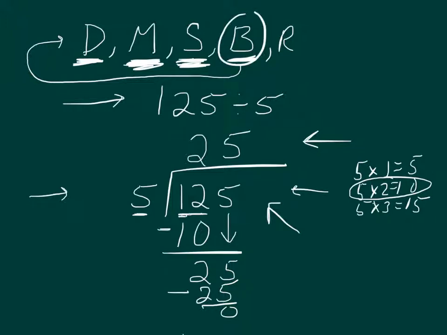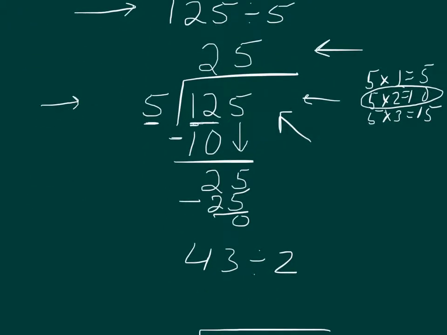That means I'm done, and there's no remainder. Look, remainder 0. So that means my quotient is 25. 125 divided by 5 equals 25. That is the quotient.